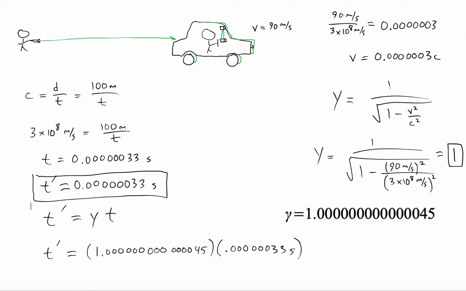The point is that relativistic effects are only really significant once the speeds of the objects get to be very large. They have to be a significant fraction of the speed of light for the idea to even matter. And there are some cases where that happens.